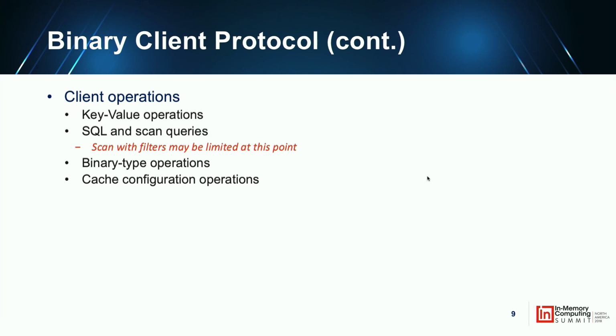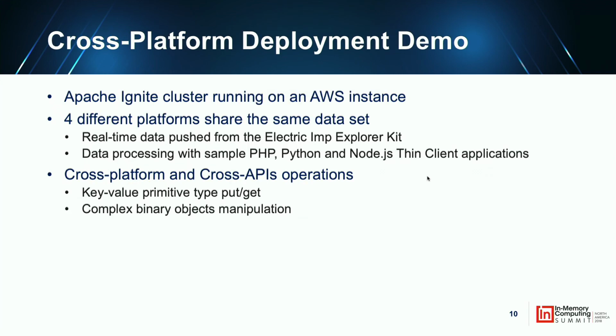For example, some operations like scan with filters may require Java objects to be streamed to the server nodes, which may not be supported, for example, in clients written in Python or PHP. It supports binary type operations, of course, because it's native to this protocol. And cache configuration operations, primarily for proper type mapping for a specific language.